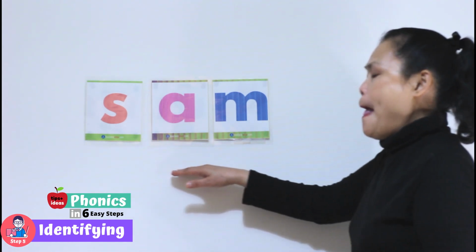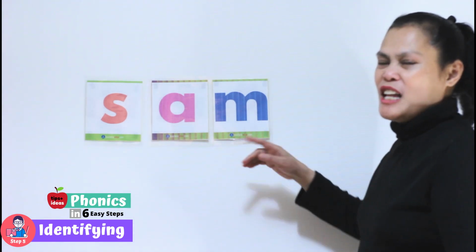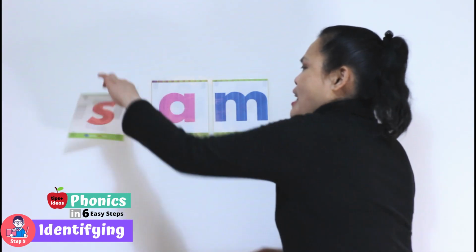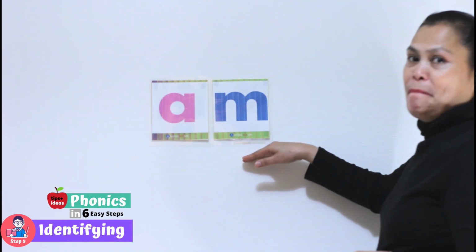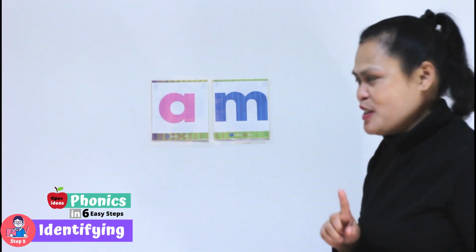Step 5, identifying. In identifying, you have to check if the students can identify the blended sounds. As an example, you can say like this. Is this M? No. Is this am? Yes.